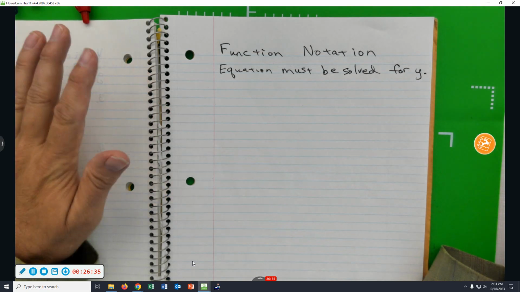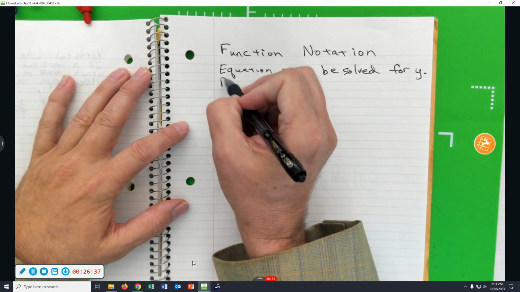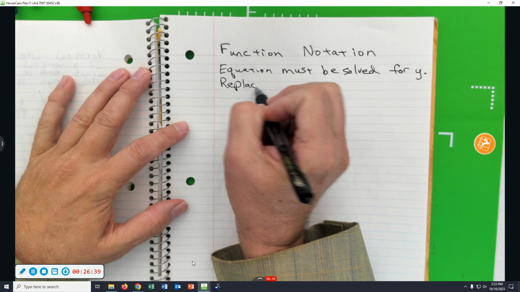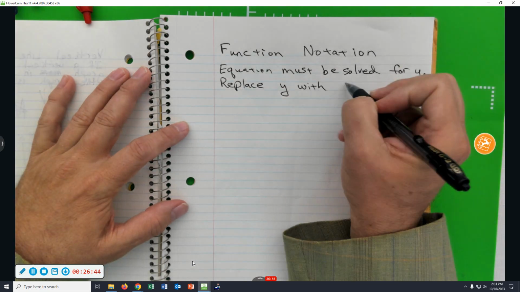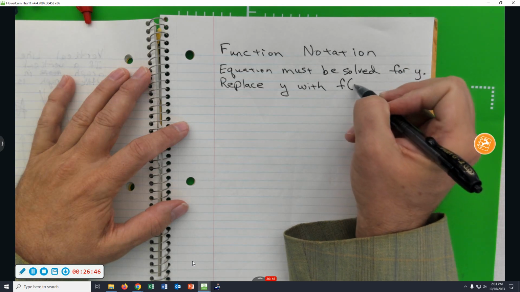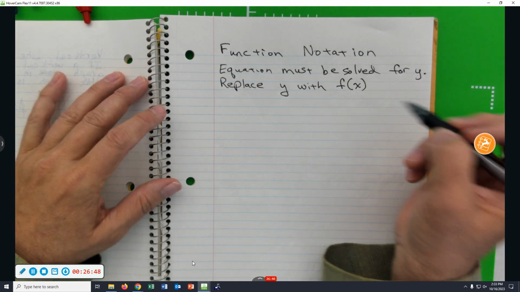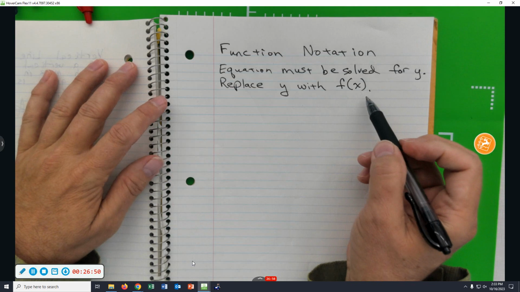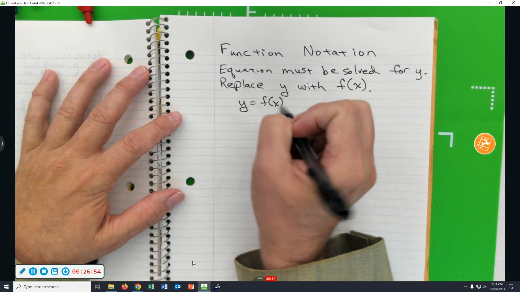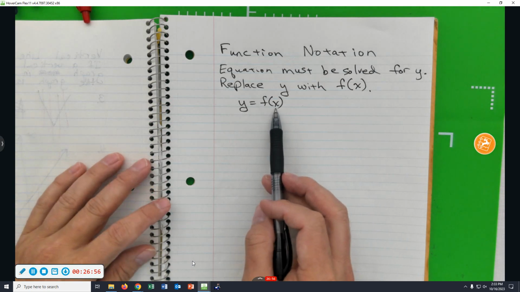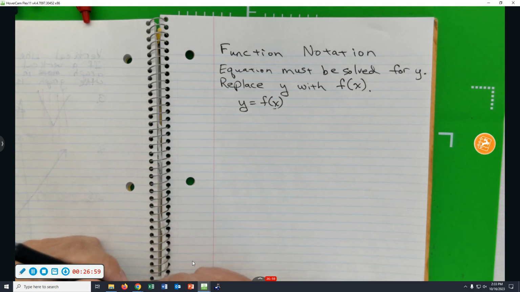And then in that event, you can replace y with f left parentheses x right parentheses. So basically, y is equal to f of x. F of x is just a fancy way of saying the variable y.